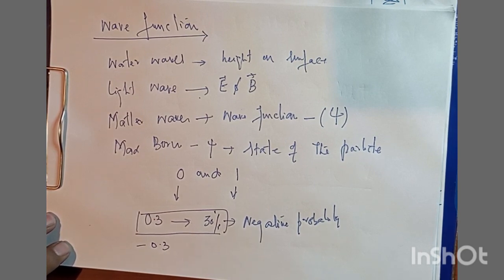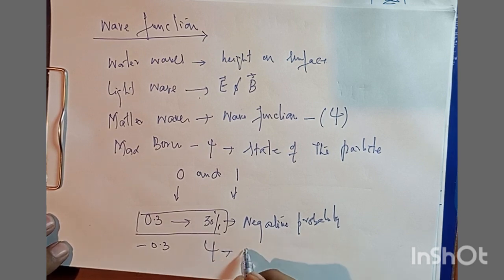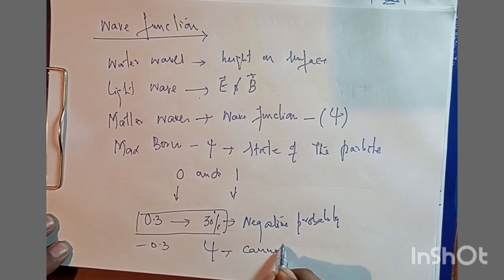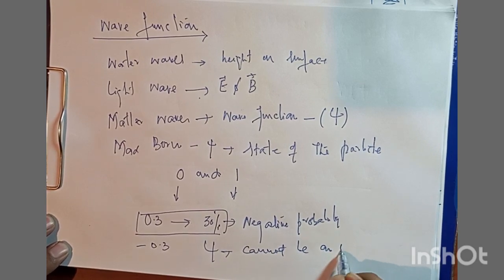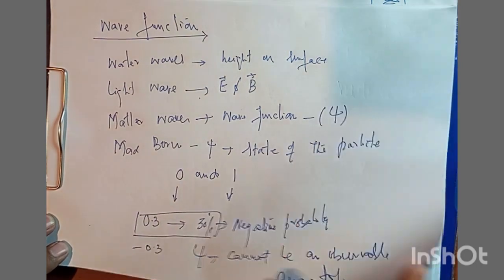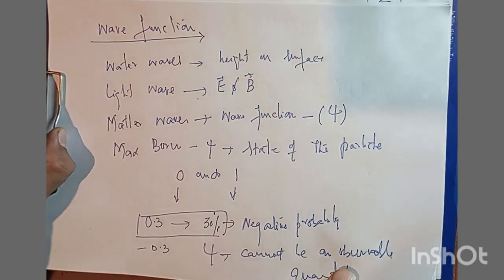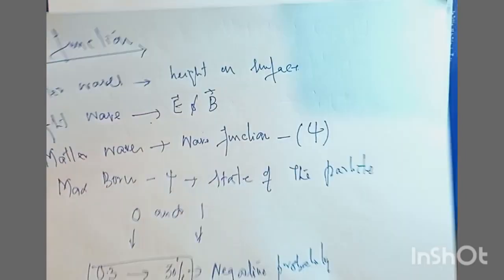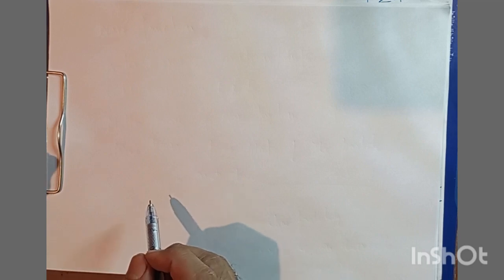It cannot be an observable quantity, because on making measurements we will come up with negative values of psi, and negative probabilities do not have any meaning in physics, right?